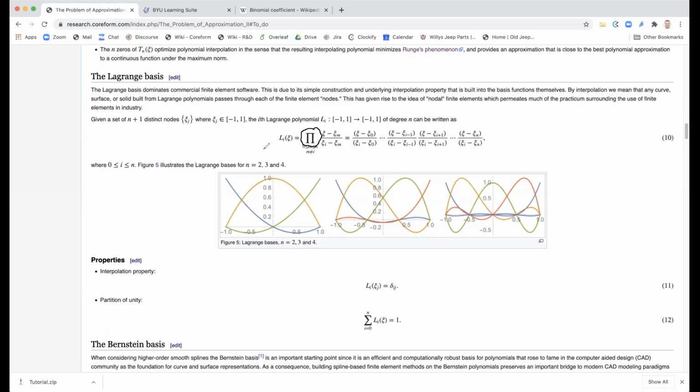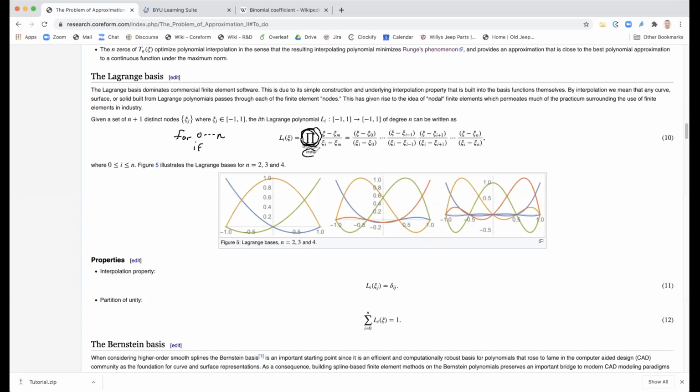So you're going to have a loop that takes the place of this product. And then this product ranges over what? Zero to n. And then you'll have a little if statement in here that filters this out.